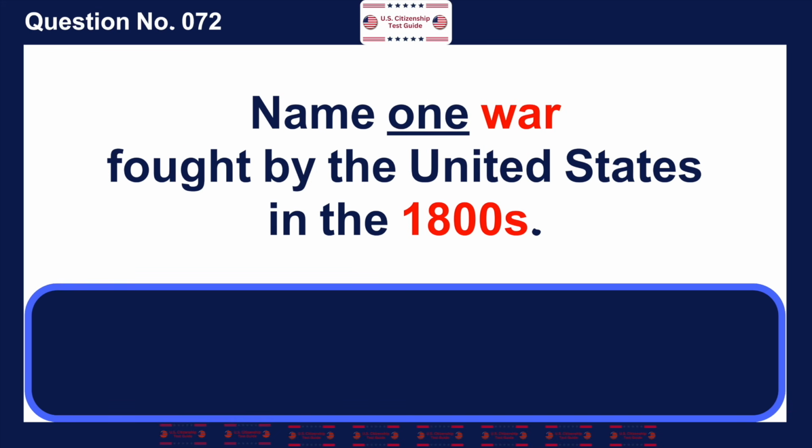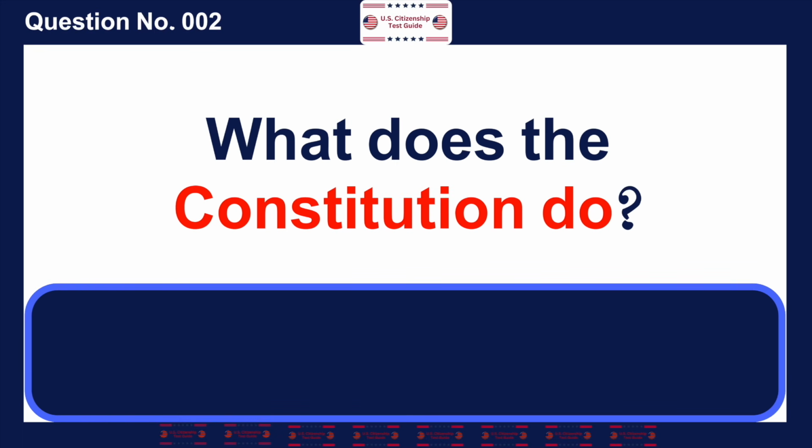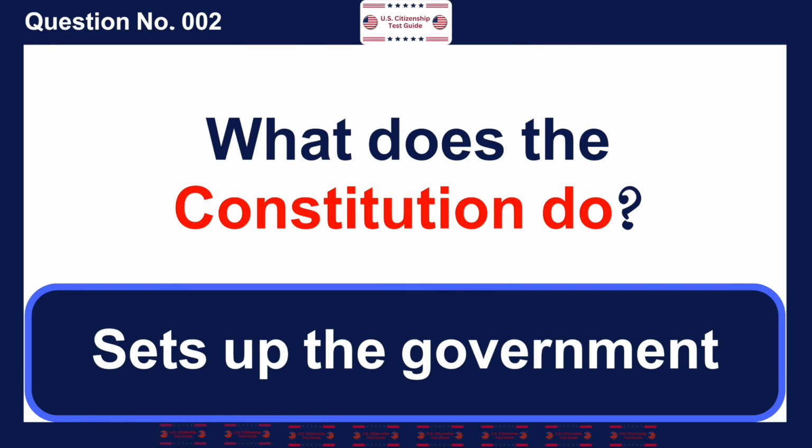Name one war fought by the United States in the 1800s. Civil War. What does the Constitution do? Sets up the government.